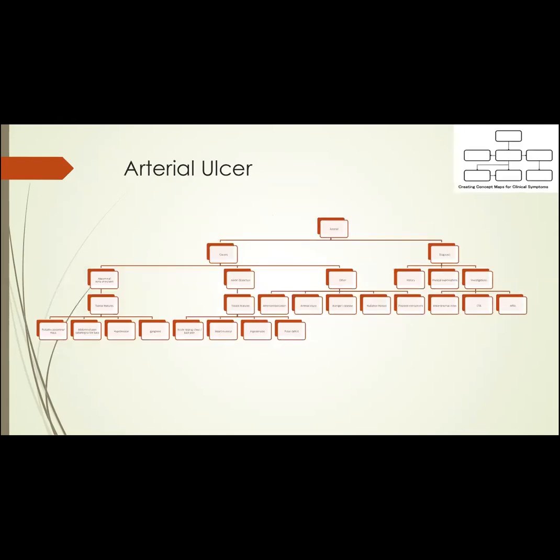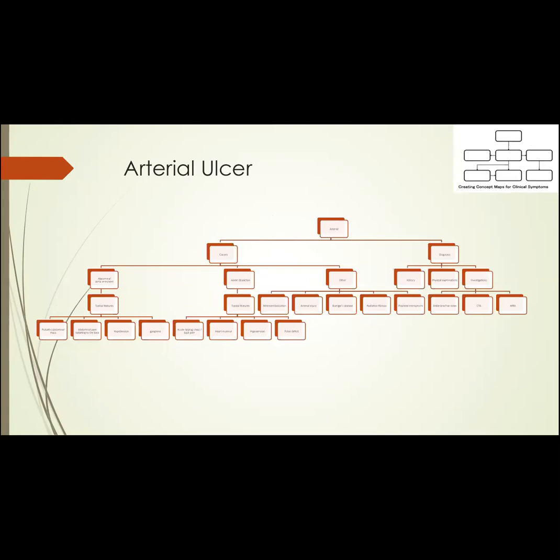It is very important to know the causes of ulcer. Presence of arterial ulcers is one of the criteria for critical limb ischemia, defined by the European Working Group, and needs intervention, so we should not miss it. If you treat arterial ulcer with a compression bandage, it will make the ulcer worse.